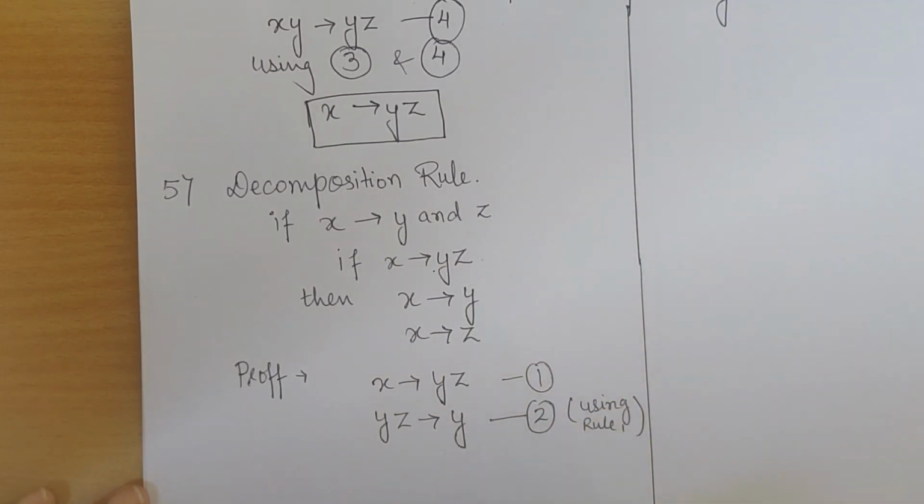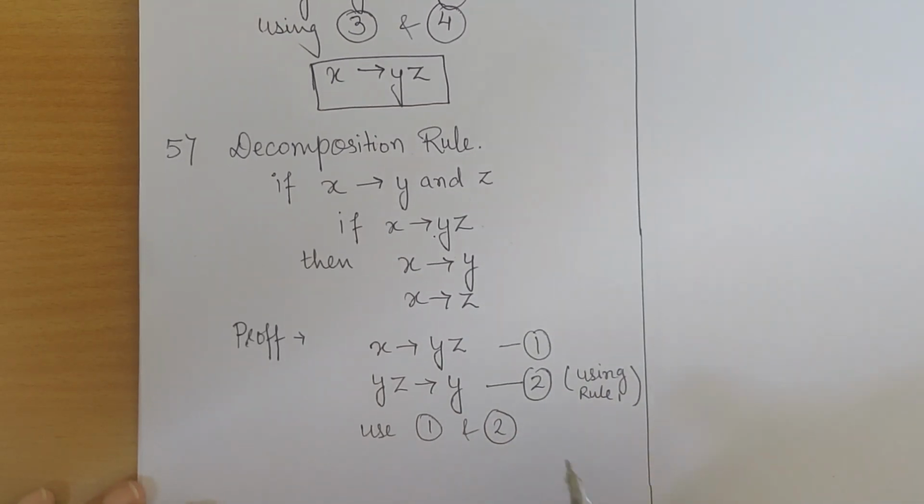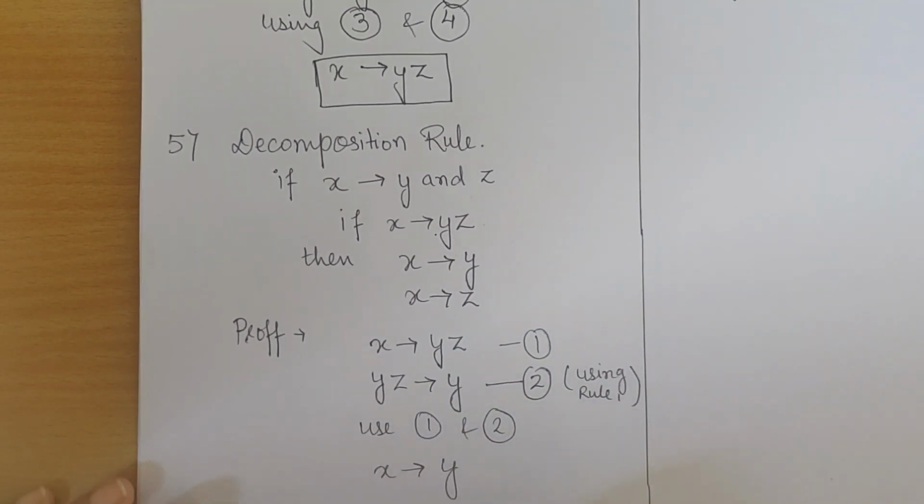Now if you can see, using first and second, if I apply the transitive rule, X determines YZ, YZ determines Y, can I write X determines Y using the transitive rule?